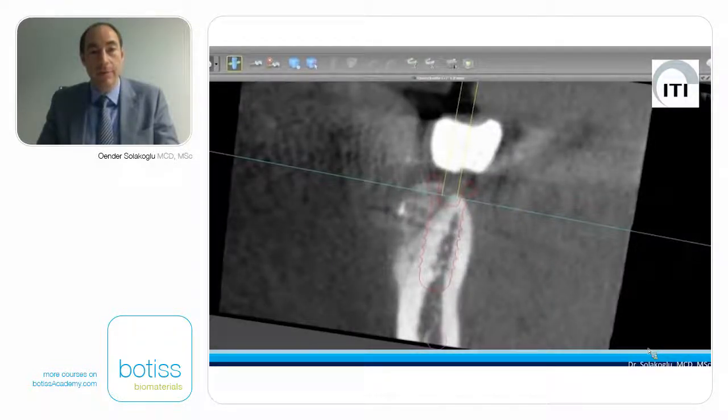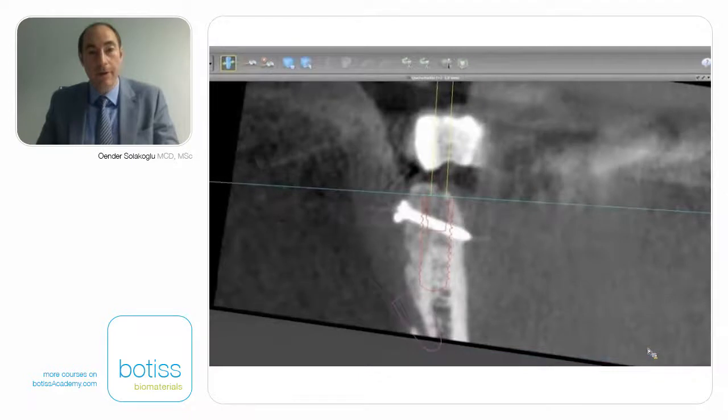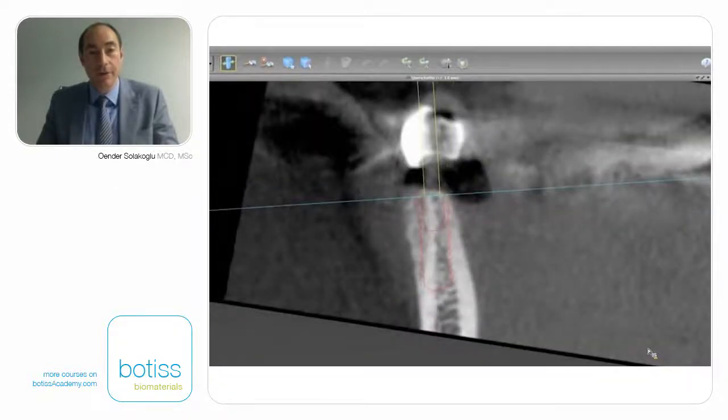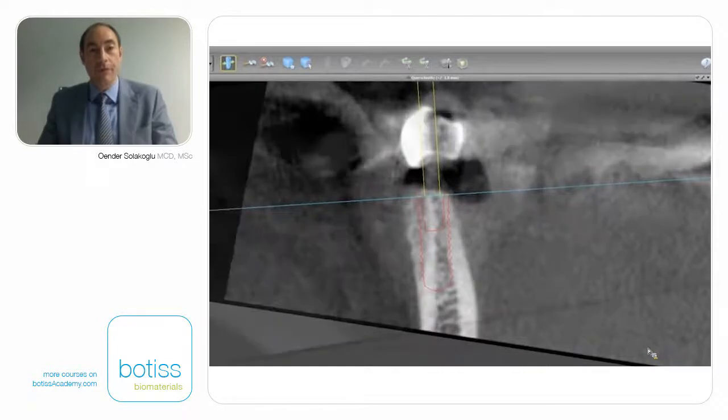And you can see here the position of one implant here, covered by the block graft harvested bone. And here you can see the second implant in place before the surgery, of course, and then the planning of the position of the third implant.